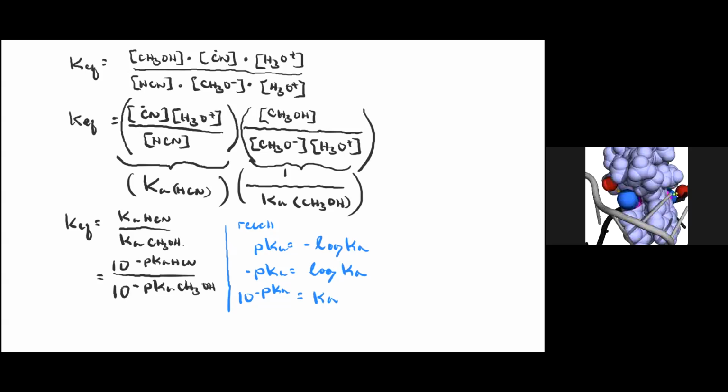And that is going to be equal to 10 to the minus 9.4 over 10 to the minus 15.1. And if you do the math, then you get 10 to the 5.7.